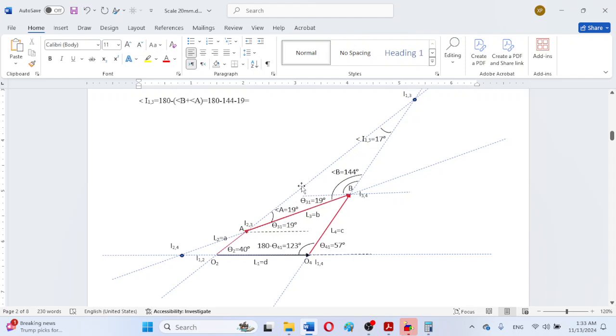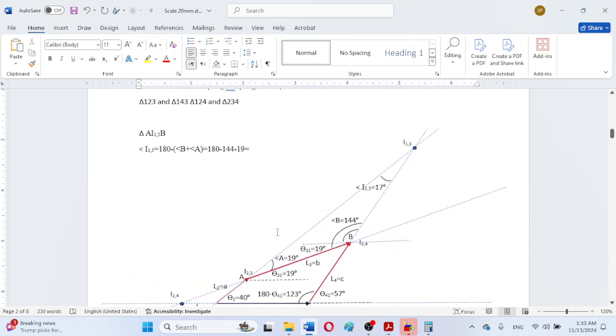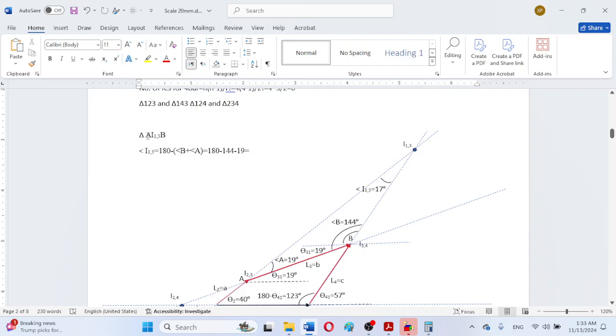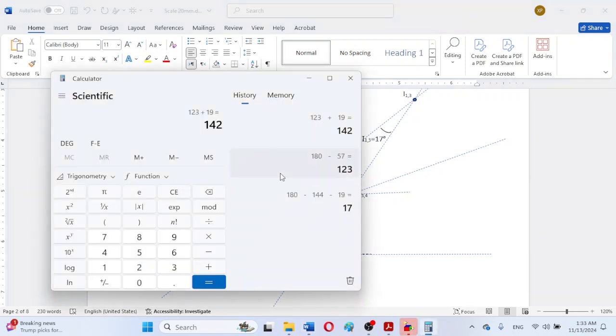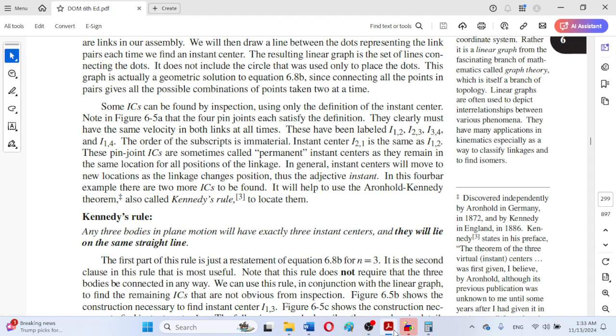So the angle between this line and this line AB, because we are required to determine all the angles in this triangle A, I1,3 and B, will be 40 minus 19 degrees, and as we can type it here, 40 minus 19 degrees, this will equal 21 degrees.